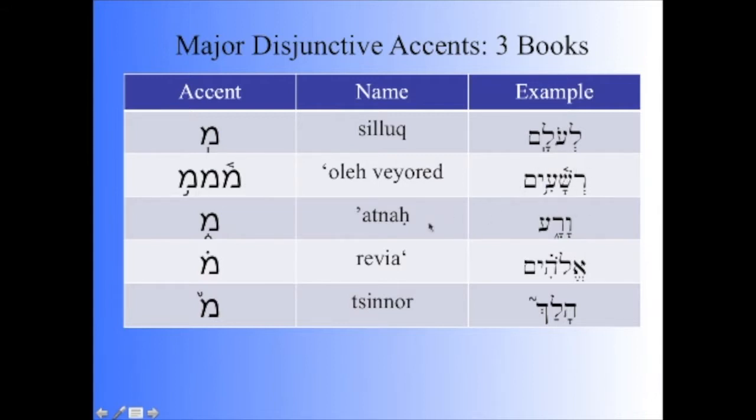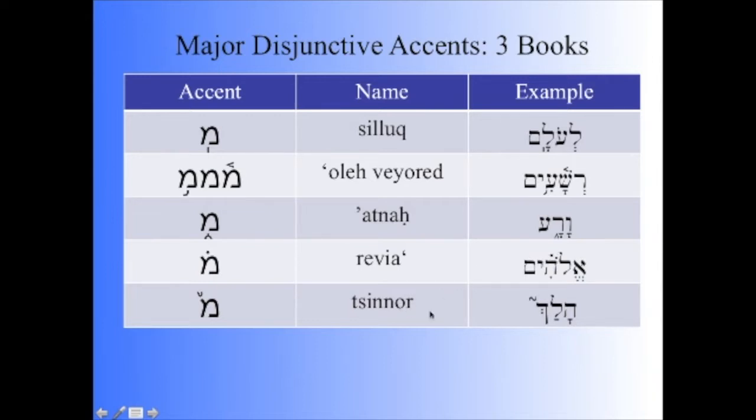The Ahtna, which we've already looked at, can also be used either to mark off the major half of the verse, or sometimes, if there is the ole v'yored, it is used to mark off a subsection, which is also what the revia usually does, this little diamond shape above the line.